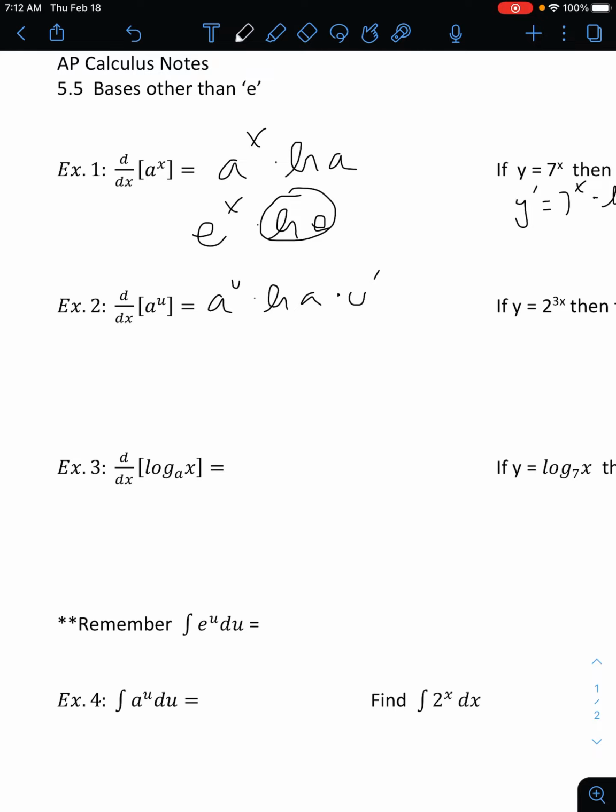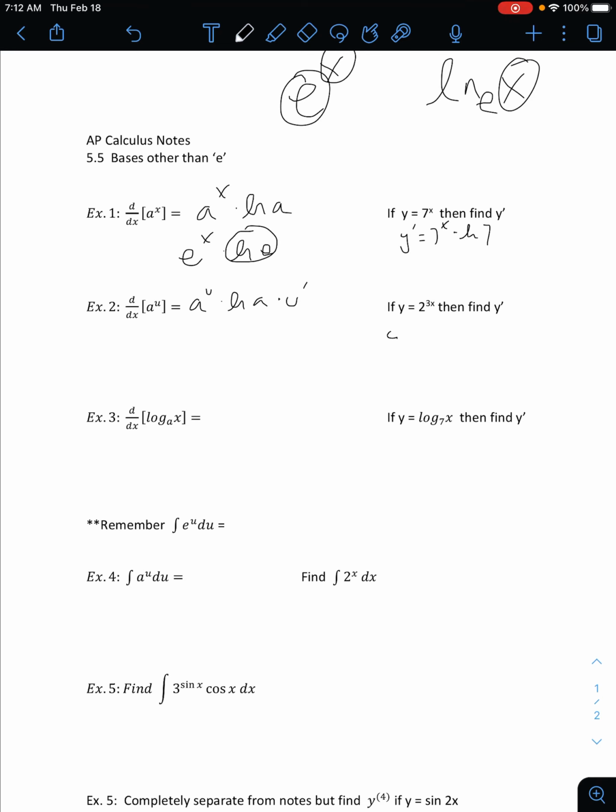And we've been doing that with e to the x also. So over here, it would be 2 to the 3x times natural log of 2 times the derivative of the exponent, which is 3. And that's it. You could put the 3 out in front or whatever you need to do.